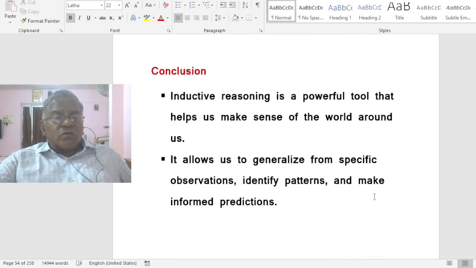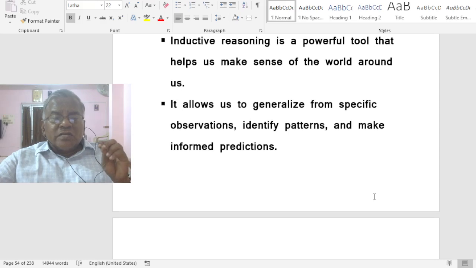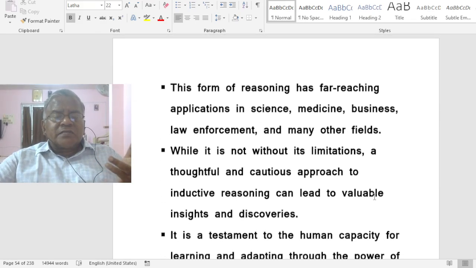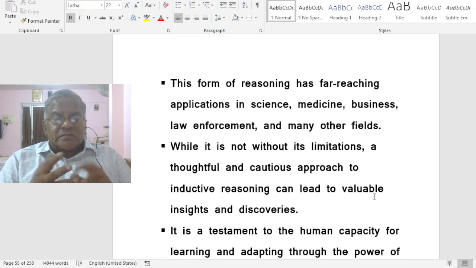So how to conclude with regard to inductive reasoning? Inductive reasoning is a powerful tool that helps us make sense of the world around us. It allows us to generalize from specific observations, identify patterns, and make informed predictions. This form of reasoning has far-reaching applications in science, medicine, business, law enforcement, and many other fields.